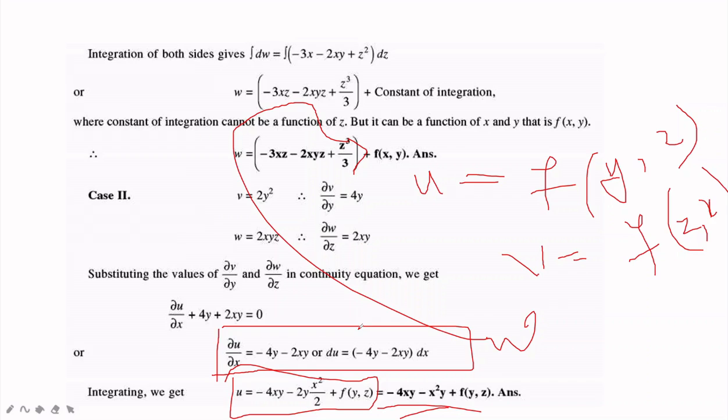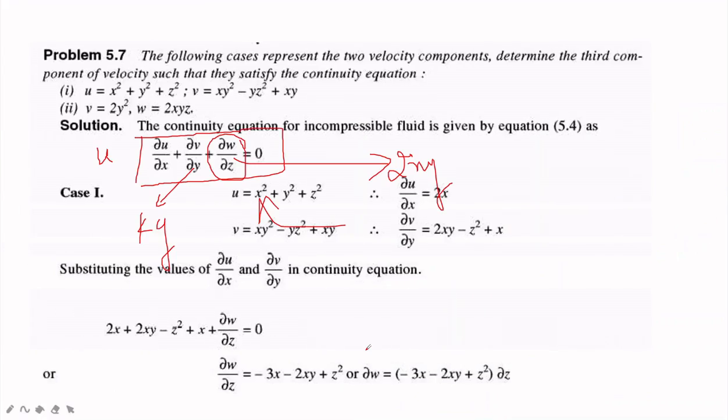This type of simple problem they will give, you have to understand the concept and solve the problem using the continuity equation for 3D. Like this only one equation will be given, so you have to partially differentiate it. If they provide a condition that it is an incompressible fluid flow, then you have to use the equation which I have shown here.